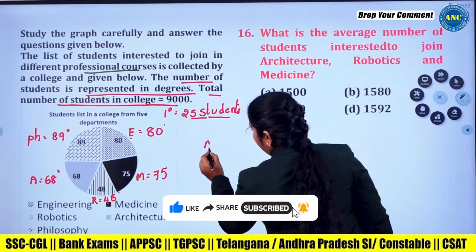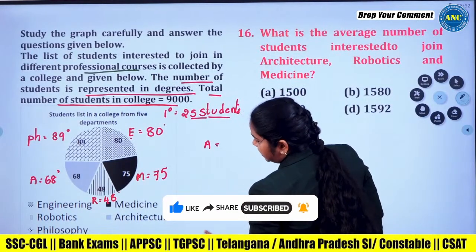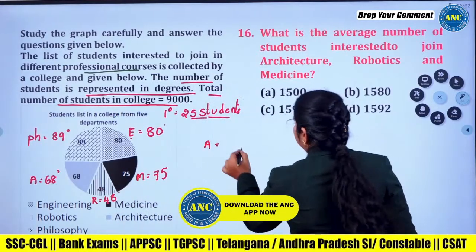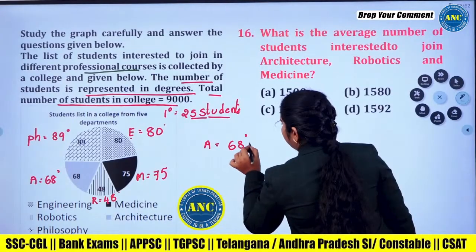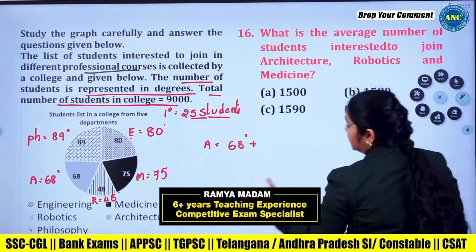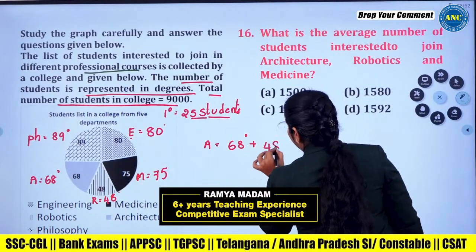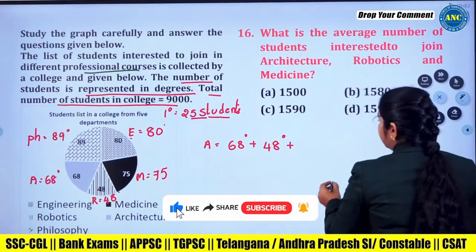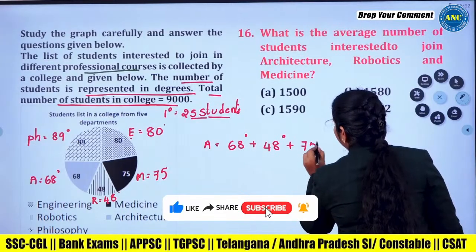If you see, architecture, where is architecture? It's 68 degree plus robotics 48 degree plus medicine is 75 degree.